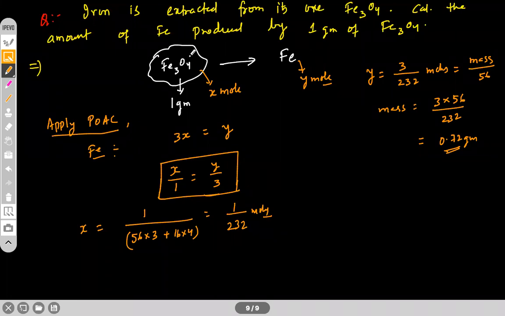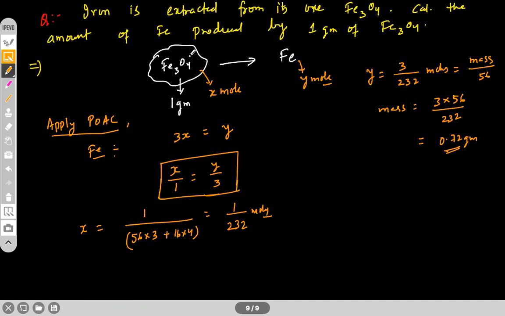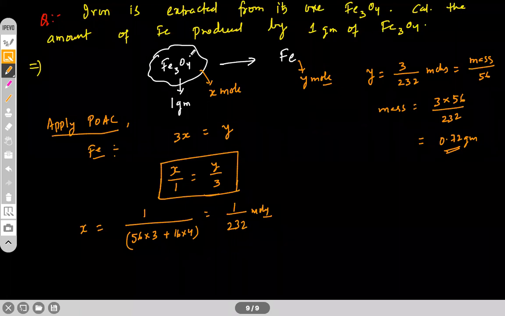Now, did you understand the significance of this particular concept, POAC? Yes. Right. So if the reaction is given, initial number of moles is... Ansh, you see, if you can balance it, always do that.